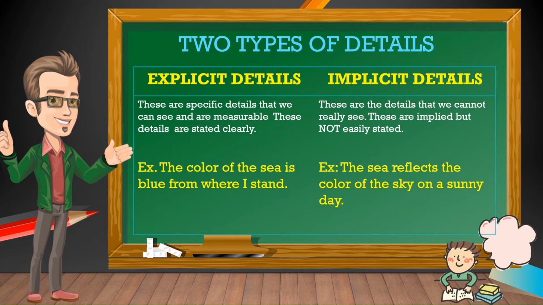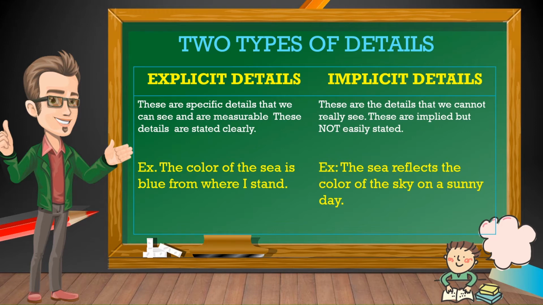The sea reflects the color of the sky on a sunny day. You notice that the color of the sky on a sunny day is not clearly stated. It is only implied but not clearly stated. Those are the two types of details: explicit details and implicit details.